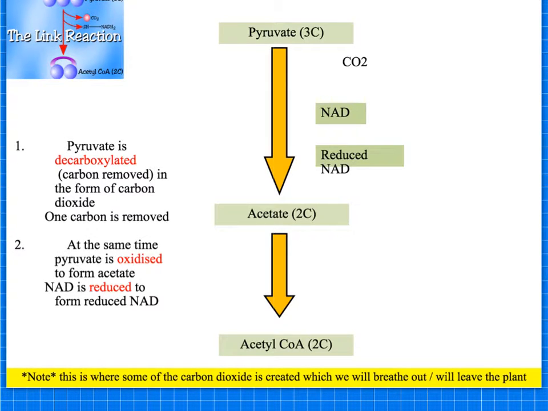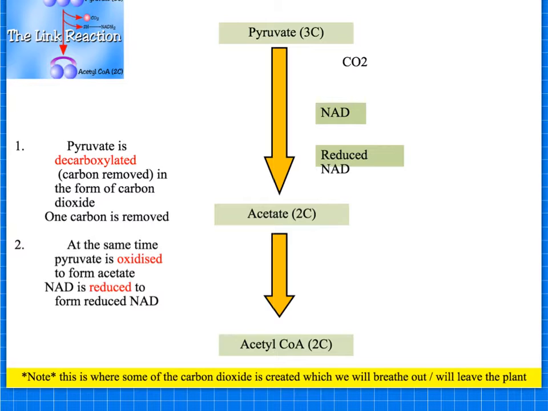So pyruvate, a 3-carbon molecule. The first thing to happen is a carboxyl group is removed from pyruvate, which is known as decarboxylation. So 1 carbon is removed, and this forms carbon dioxide. So this is where some of the carbon dioxide is created when we breathe out, or when it leaves plants after respiration.